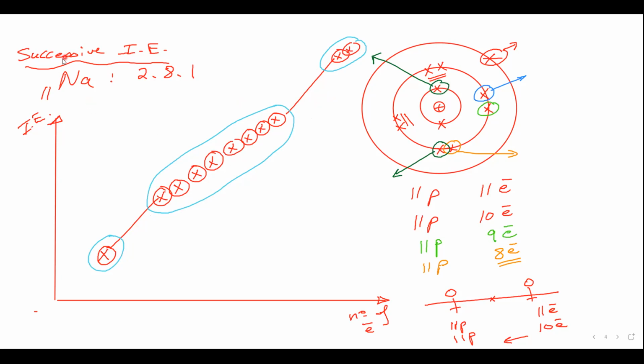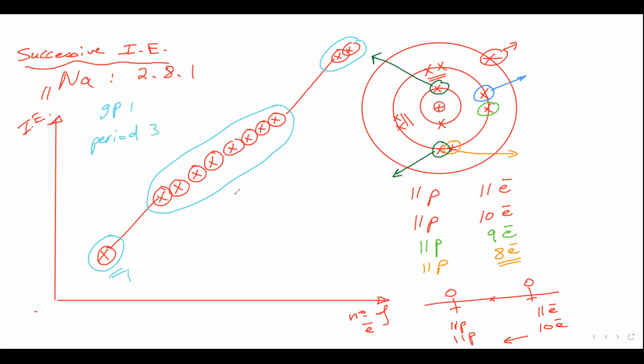So if they give us the successive ionization energy, we can also determine the number of the period at which this element is present. So from here, we can say that sodium belongs to group 1 because it has only one ionization energy before getting the jump. And then since we have 3 sets of energies, then sodium is present in period 3.